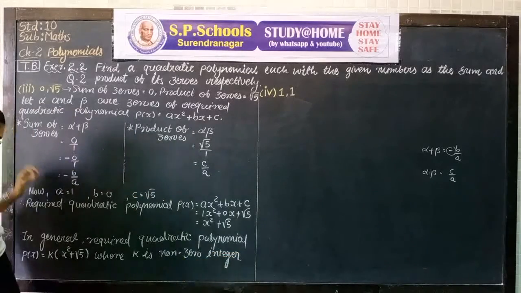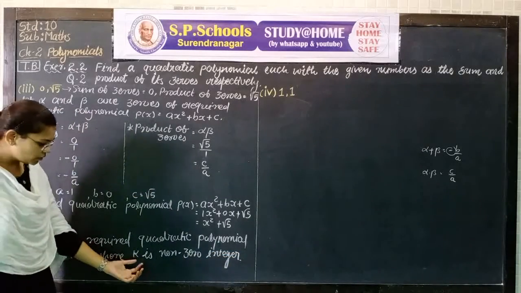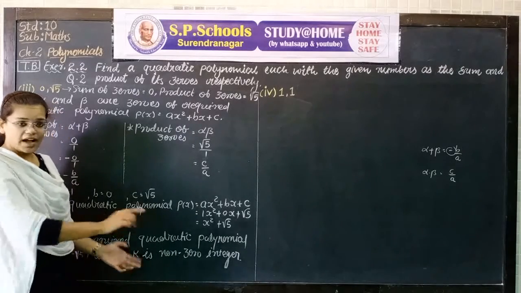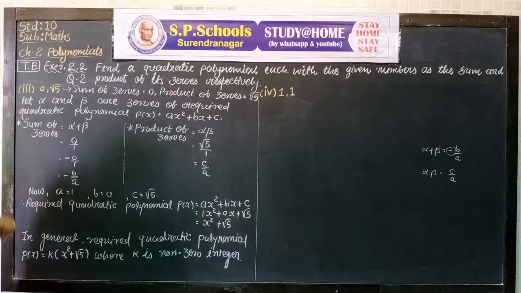Or again we can write it in symbolic form. The symbolic form is k belongs to R minus 0, which is also true.